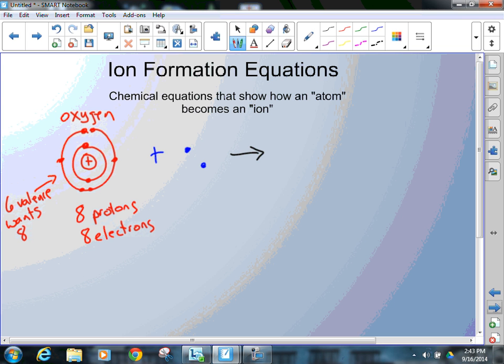Then it will turn into an oxygen ion, which still has 8 protons. It still has 2 electrons in the first level, but this time in the second level, instead of having these 6 electrons, we're going to show that it has gained the 2 electrons for a total of 8 valence electrons now.